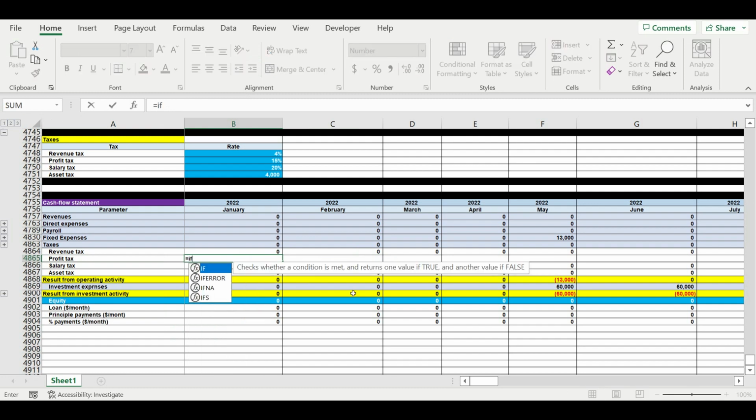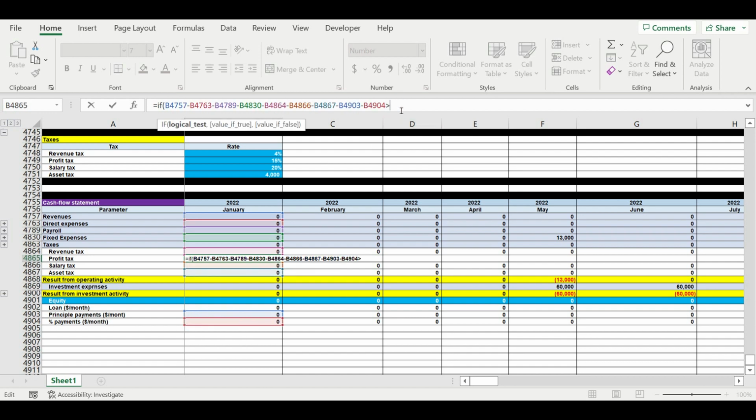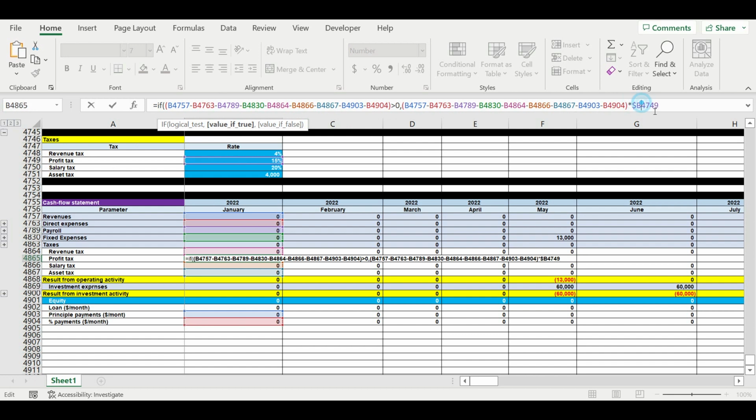So if this value minus this minus this minus this minus revenue tax minus salary tax minus asset tax minus principal payments minus interest payments is more than 0, if we have a profit, then we take this value and multiply it by the profit tax rate, and we are freezing this cell with the rate of profit tax.